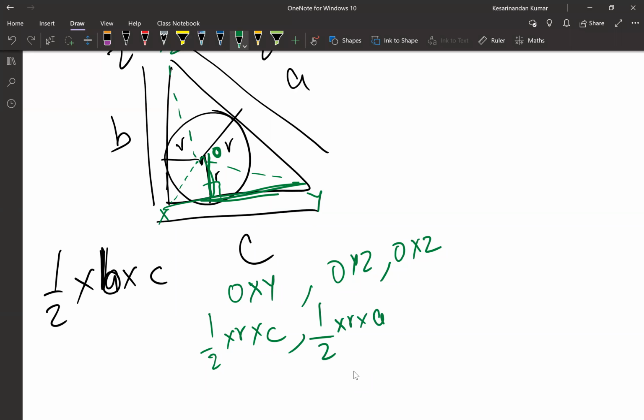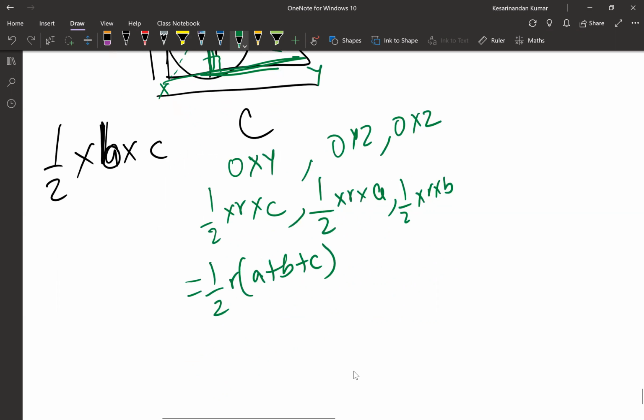Is this part clear, guys? Okay, perfect. Then if you just equate it, this is equal to delta.